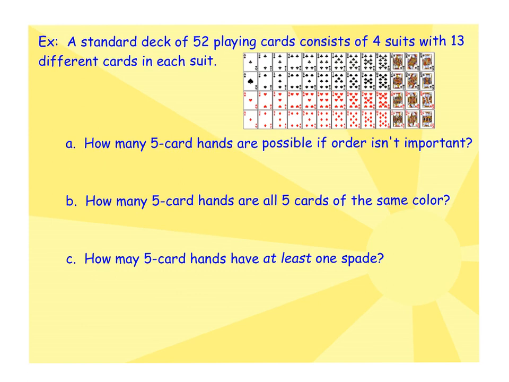A standard deck of 52 playing cards consists of 4 suits with 13 different cards in each suit. We looked at this before we started 10.1. How many 5-card hands are possible if order isn't important? Well, we know that there are 52 cards to pick from, and we want 5 of them in our hand.